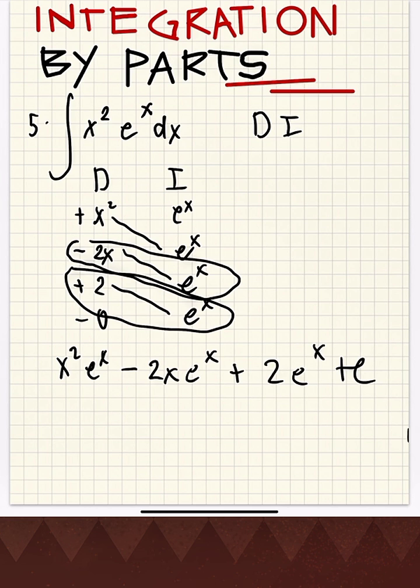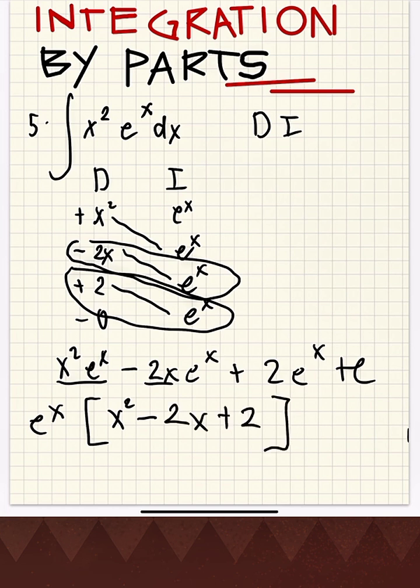As we can see, there's a common factor, which is e raised to x. So in this part, the remaining will be x squared minus 2x plus 2, multiplied by e raised to x, plus c. So this will become our final answer.